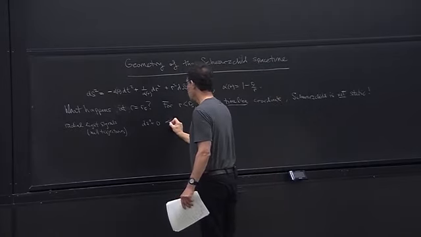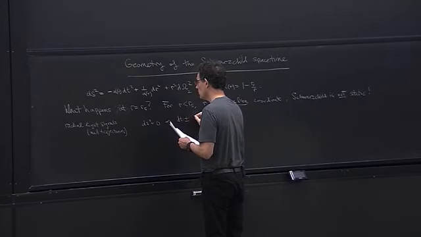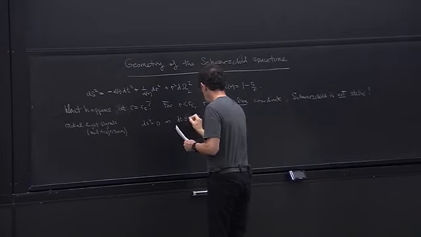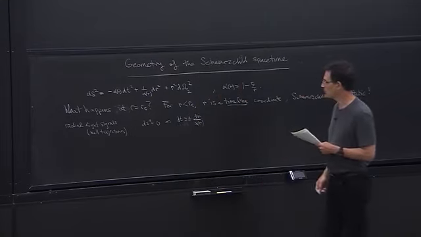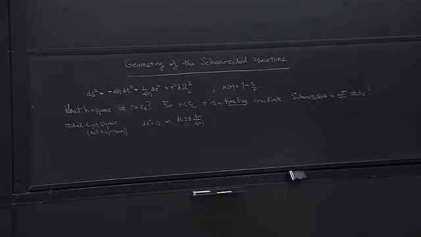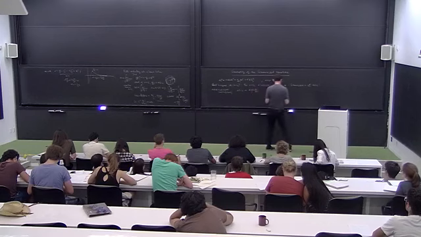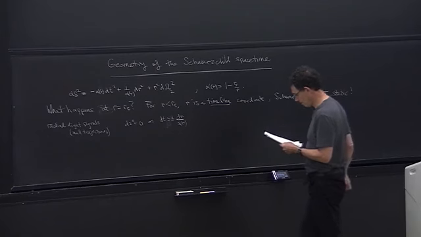And so this means that dt equals plus or minus dr over alpha of r. Okay, so I just set ds squared equal to 0 for a null trajectory or a massless particle, and these are the two solutions to that equation.